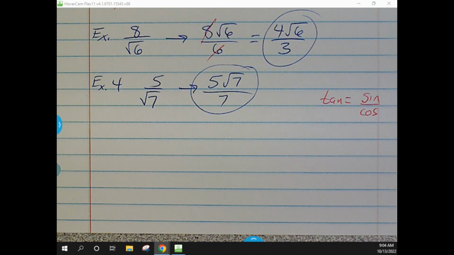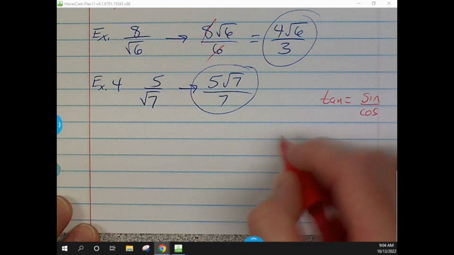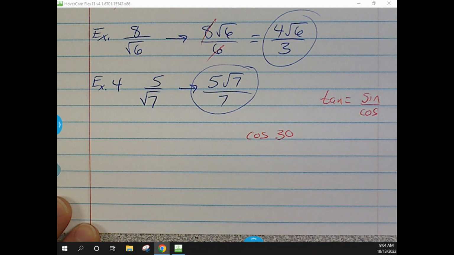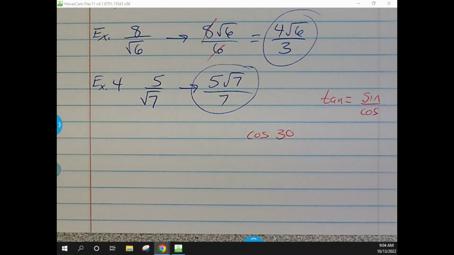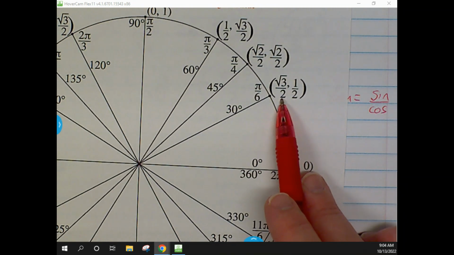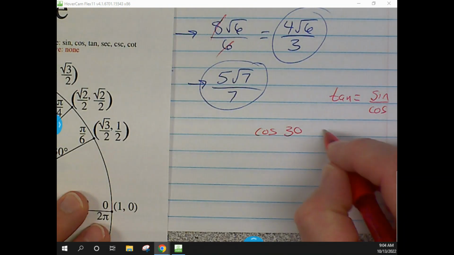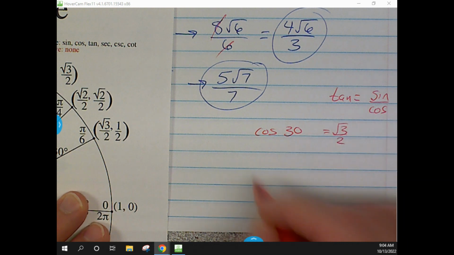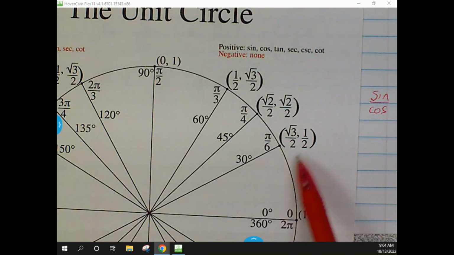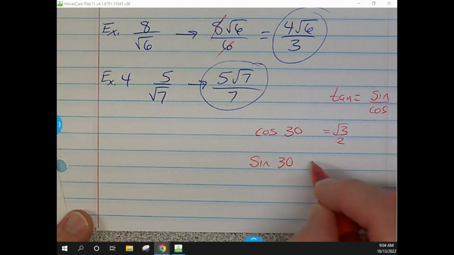All right. So for this one, let's say that we were doing 30 degrees. If we were asking for cosine of 30, you don't have to necessarily write this down, just watch for a minute. If we're doing cosine of 30, you go to 30 degrees, cosine would be the first number, so that would be square root of 3 over 2. If we ask for sine of 30, go to 30 degrees, that's the second number, that's the 1/2.